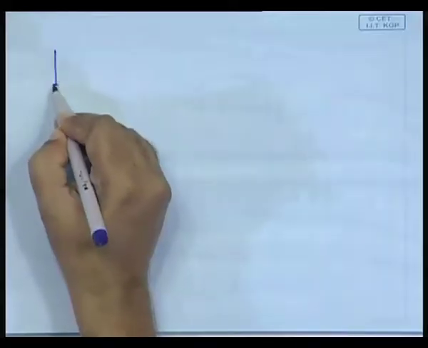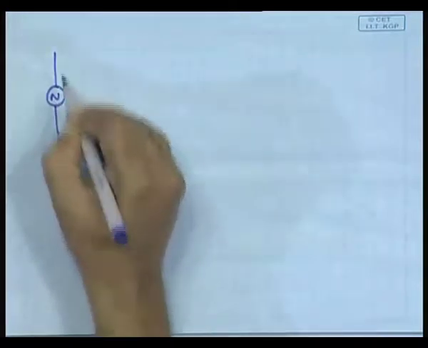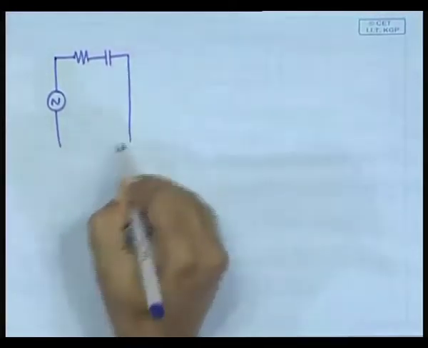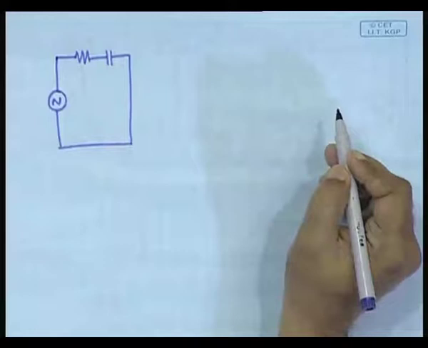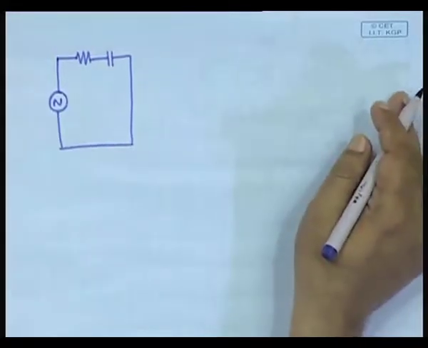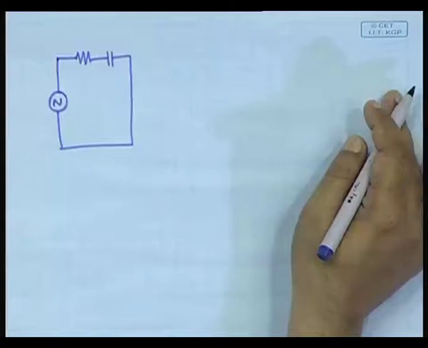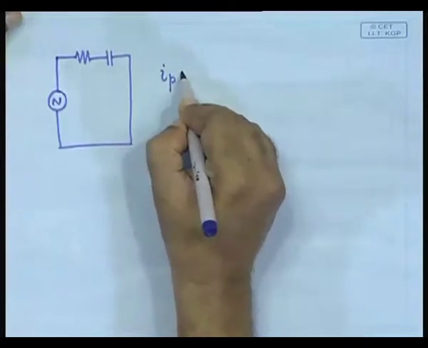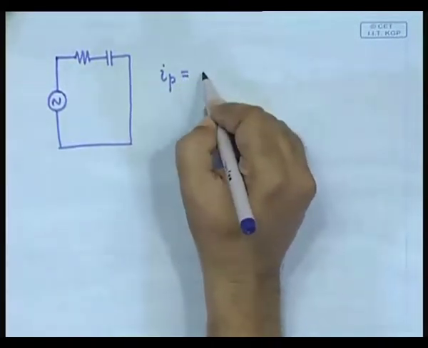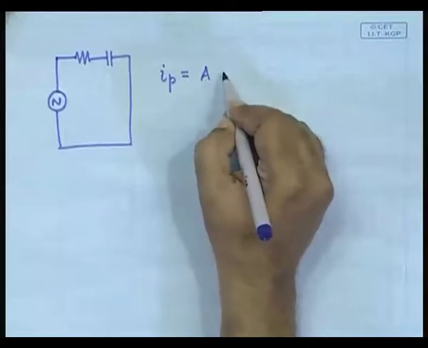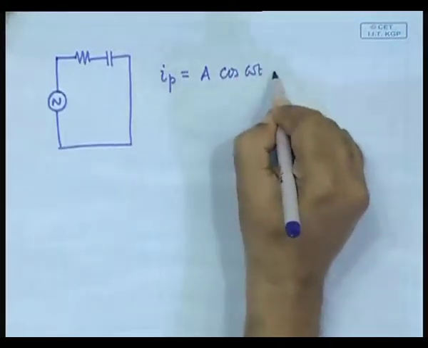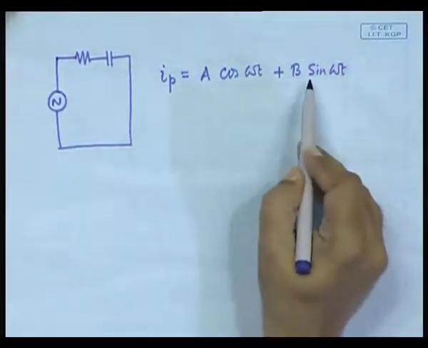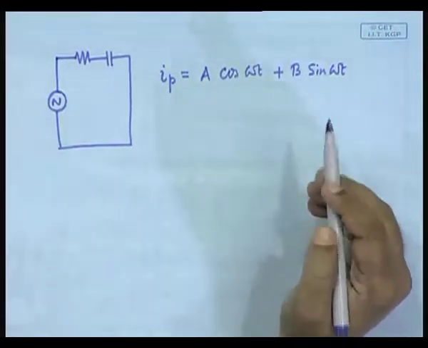So, you had a RC circuit with a sinusoidal excitation, and we had decided that the solution would be given by an equation of this form, A cos omega t plus B sin omega t.